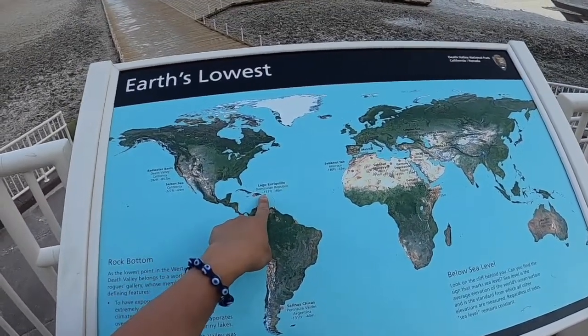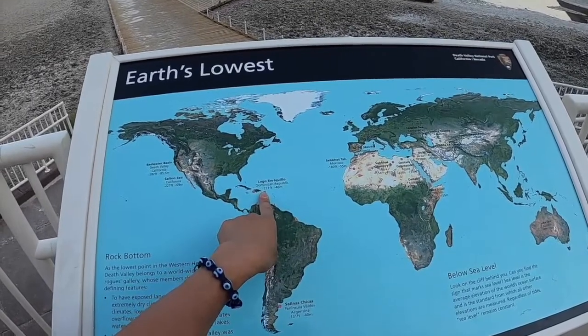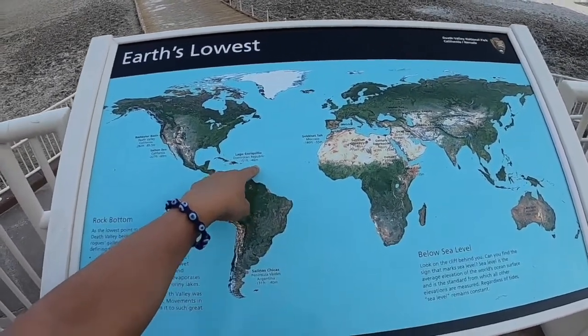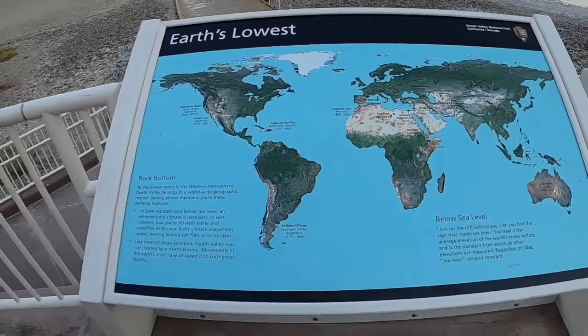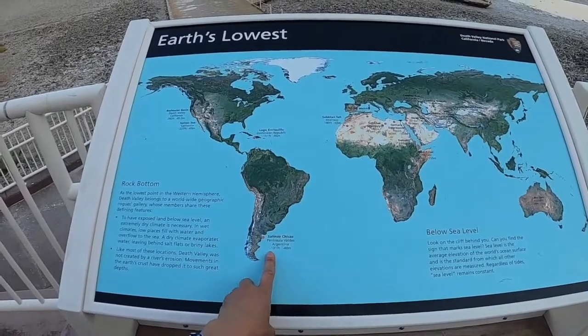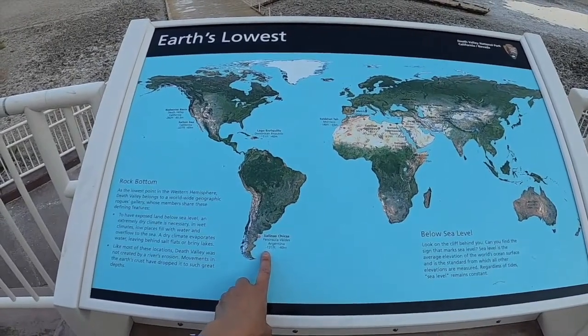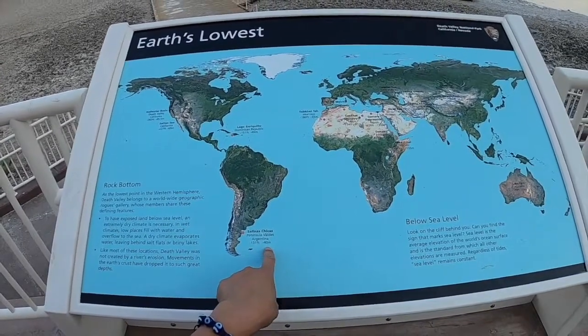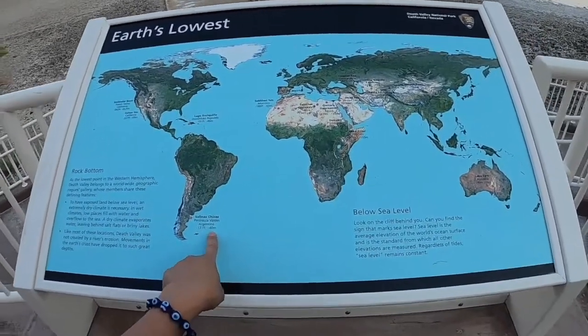In the Dominican Republic is Lago Enriquillo, minus 151 feet, which is minus 46 meters. The one in South America is Salinas Chicas, Peninsula Valdés, Argentina, minus 131 feet, minus 40 meters.